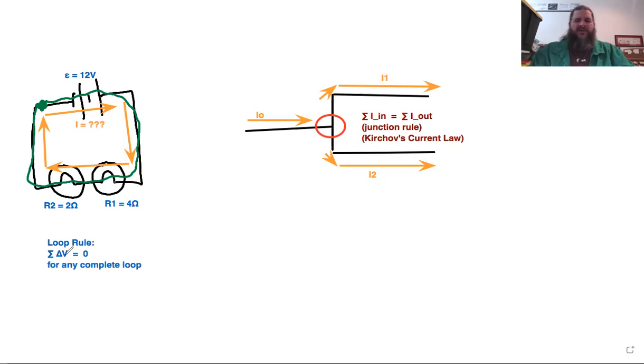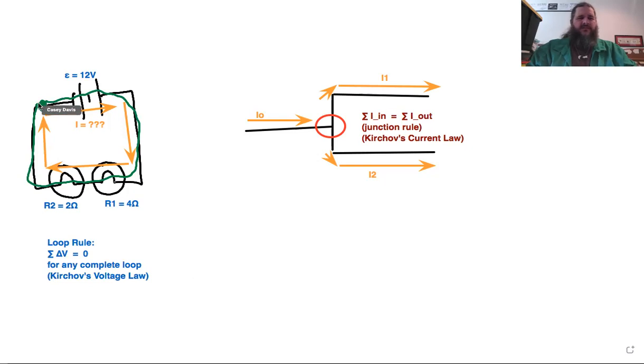So delta voltage overall would be voltage at this starting point minus voltage at the ending point. Those are the same voltage because it's the same location. So the delta voltages of anything we pass through on that path have to add up to 0. And this is also called Kirchhoff's voltage law because it's a corresponding law about voltages.